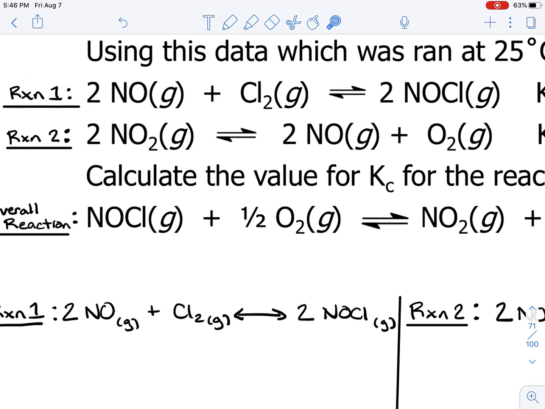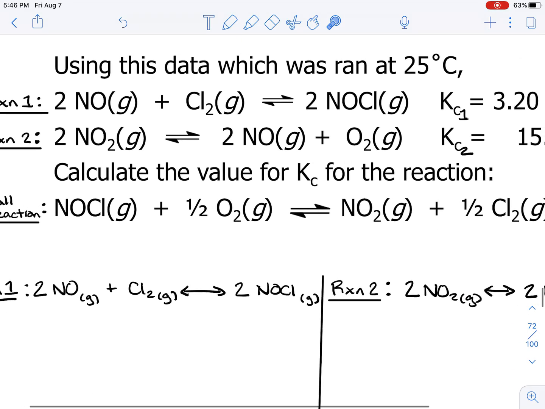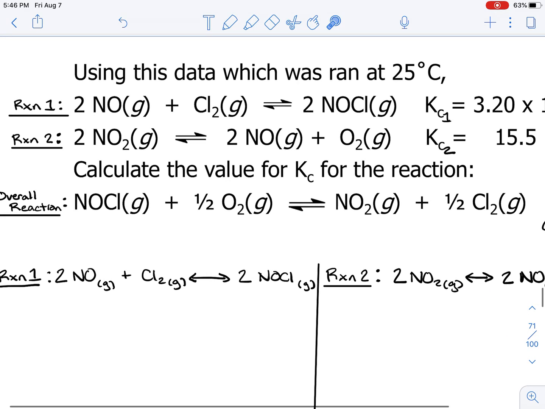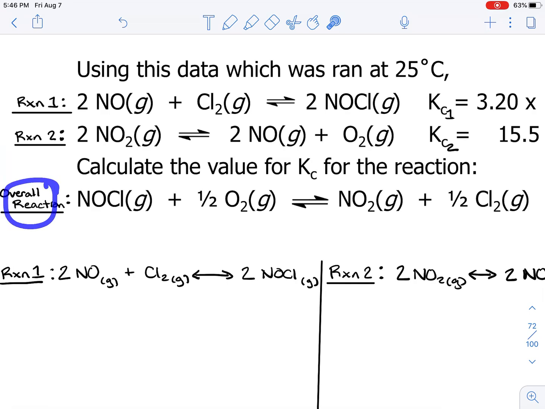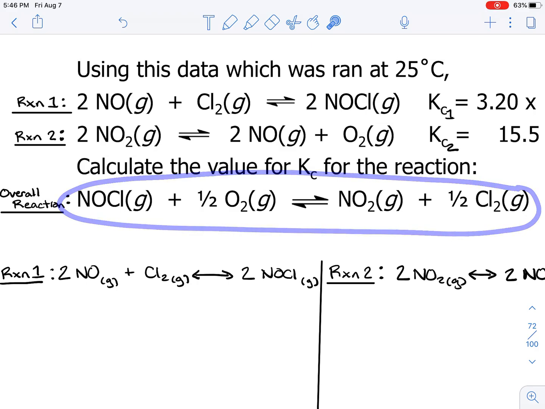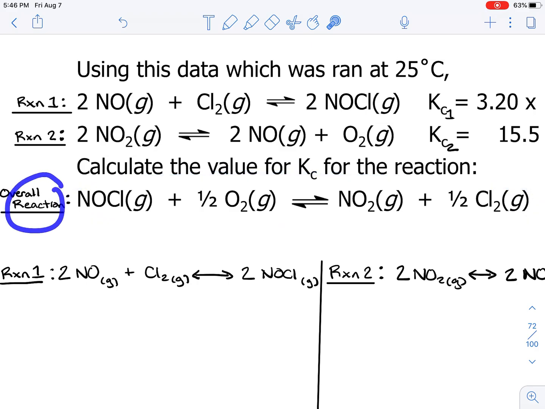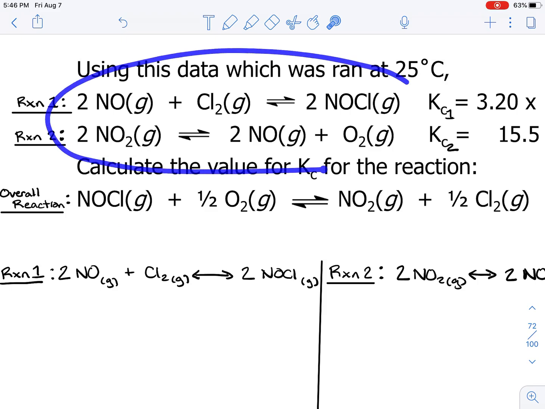All right. And so what I'm going to do is use the overall chemical reaction as my point of reference, if you will. So I'm going to allow my overall chemical reaction to guide me in my manipulation. So what that means is that I'm going to look at the position of this first substance, NOCl, and see where it's found between both of these individual reactions.